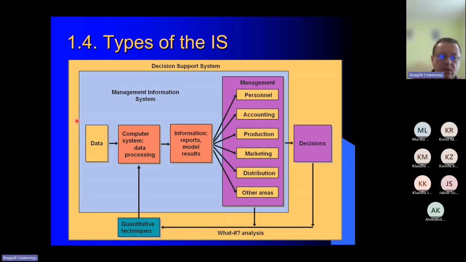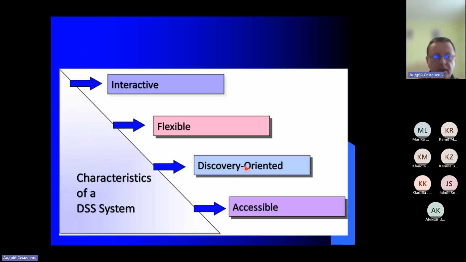So within a management information system, only a designated staff manager makes the decision, but when we extend our tool to the decision support system level, it provides us suggestions that could be accepted or rejected depending on the situation.